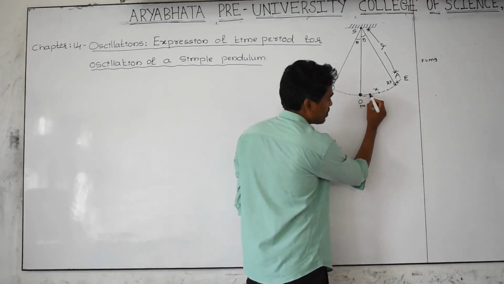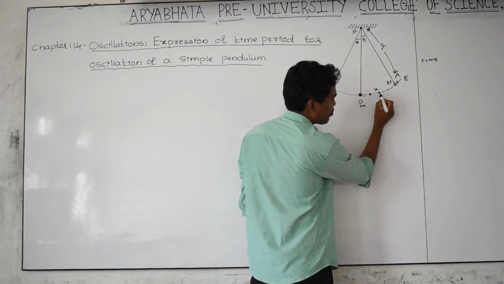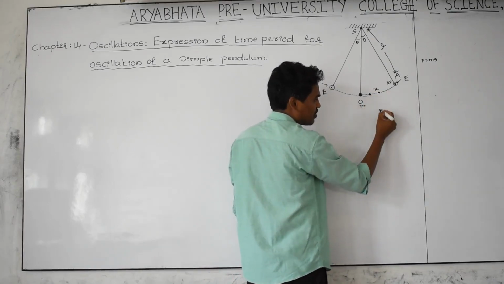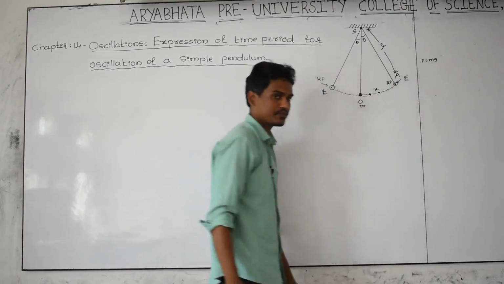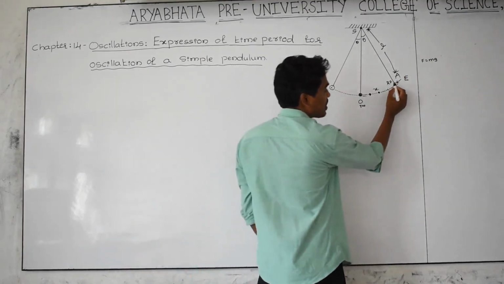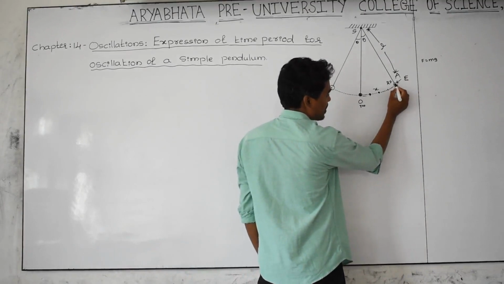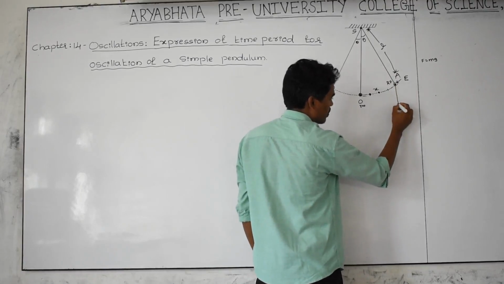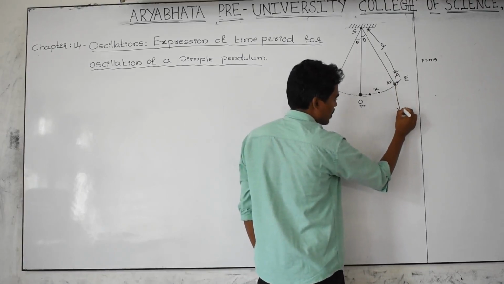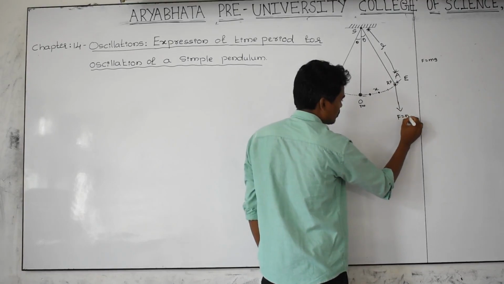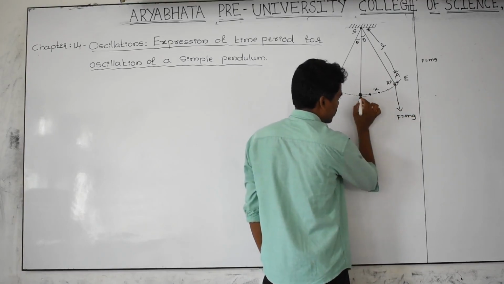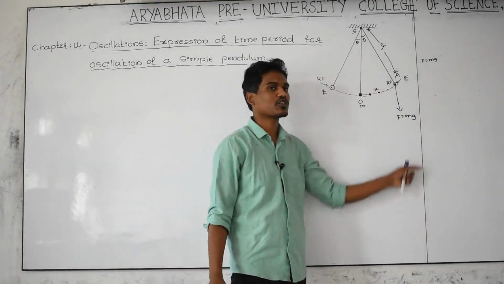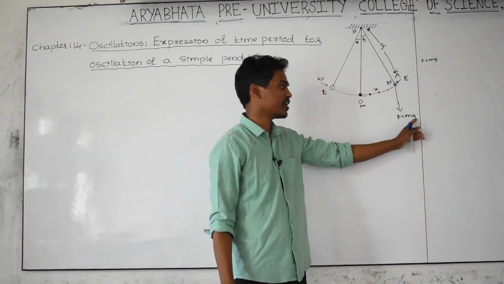When the body is at this point, again the force acting on the body by the earth in the downward direction is F equal to mg. M is the mass of the oscillating body, g is the acceleration due to gravity. Whenever the body is falling towards the earth, its acceleration is 9.81, that is g.